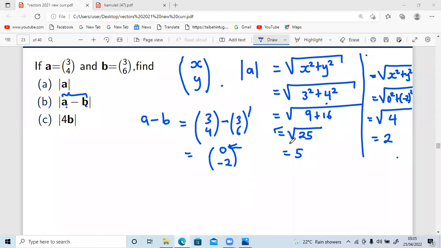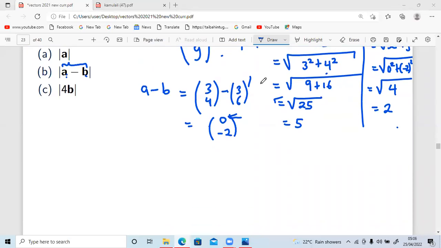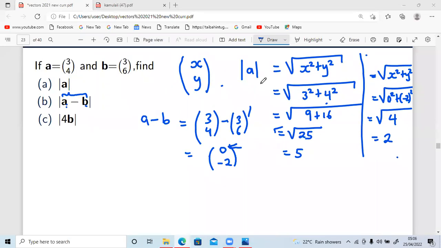True. Okay. Anyone who needs help, or we move on? We move on, teacher? Yes. The one part C, the magnitude of 4. Okay, have you got your 4B?